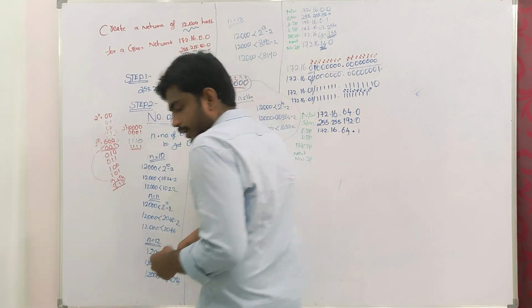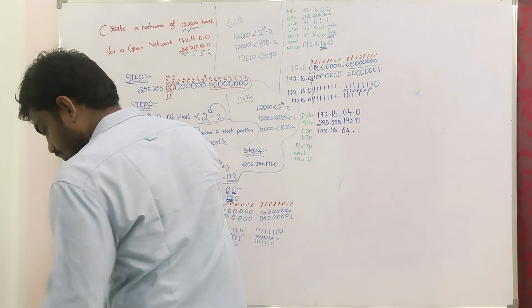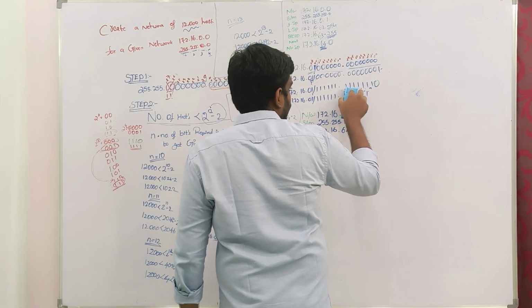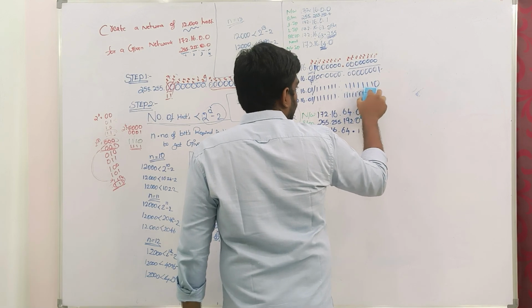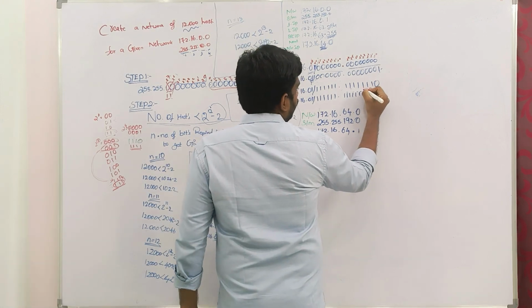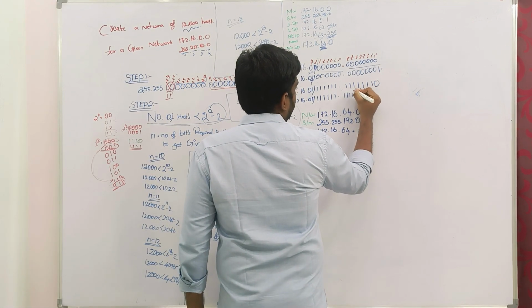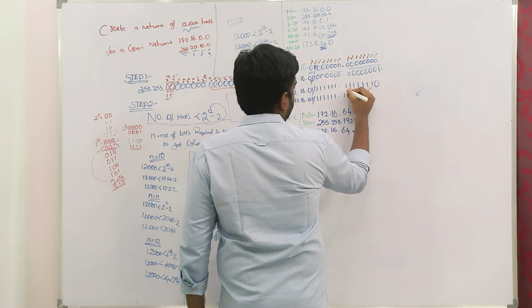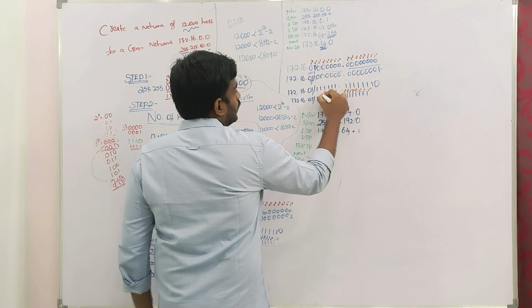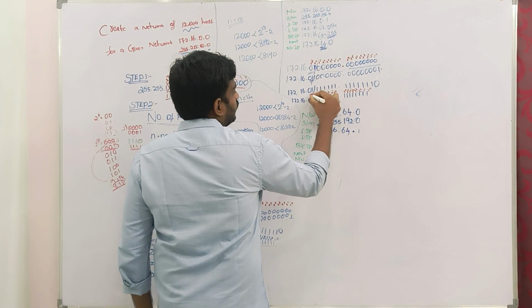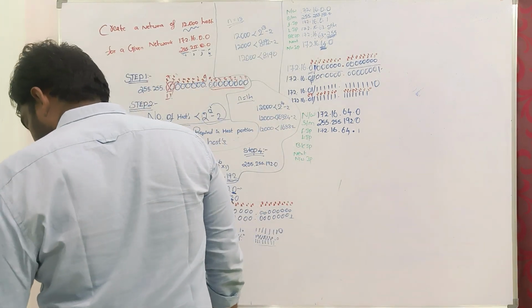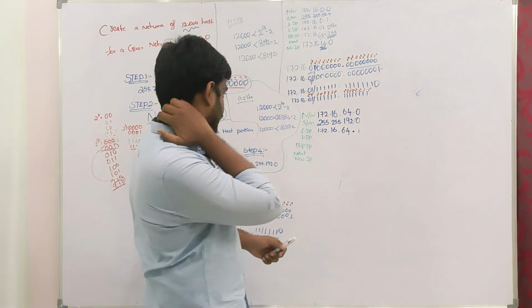Again we come to the third octet. 2 power 0, 2 power 1, up to 2 power 7, and the same again for the fourth octet. You multiply these.